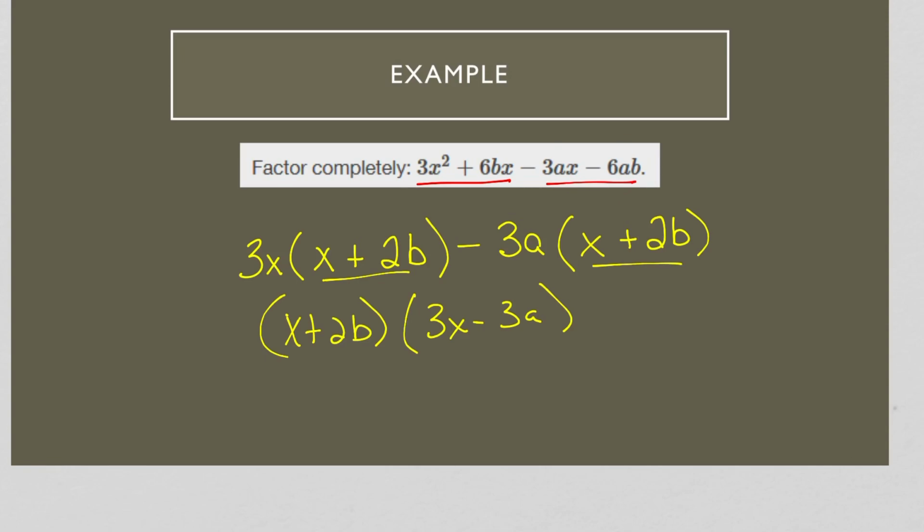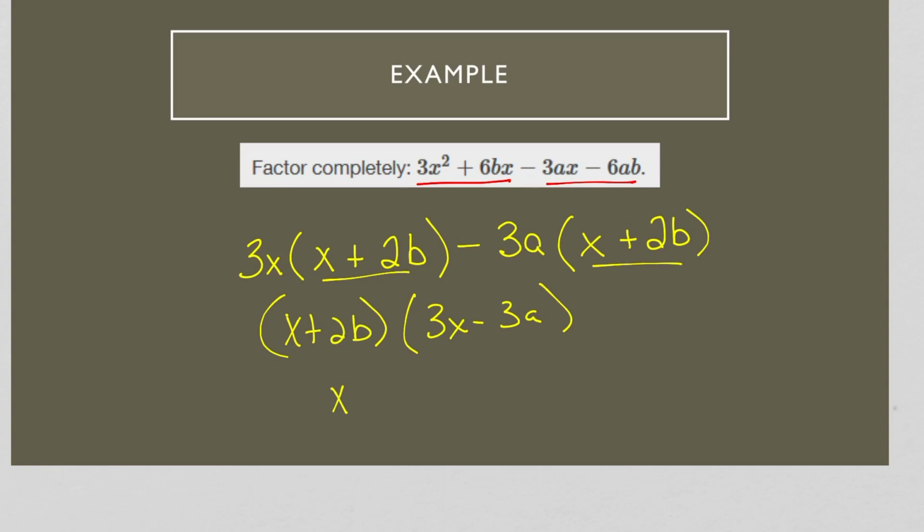And so what that means is that if you don't factor out a greatest common factor in the beginning, you're going to end up with something that could be factored more. So look at this. This doesn't have anything that can be factored out. But look, this one has a 3 that can be factored out, okay? So that's what will happen if you fail to factor out your greatest common factor in the beginning. You'll be left with a factor that could be factored further, okay?